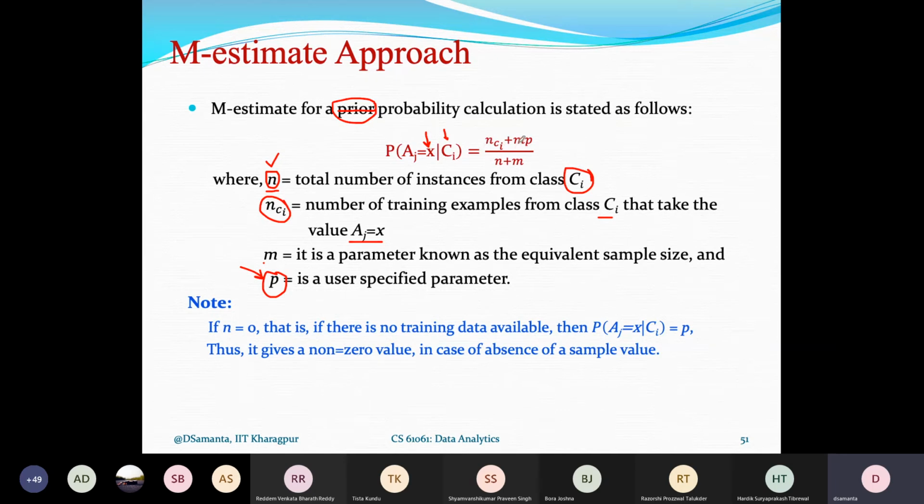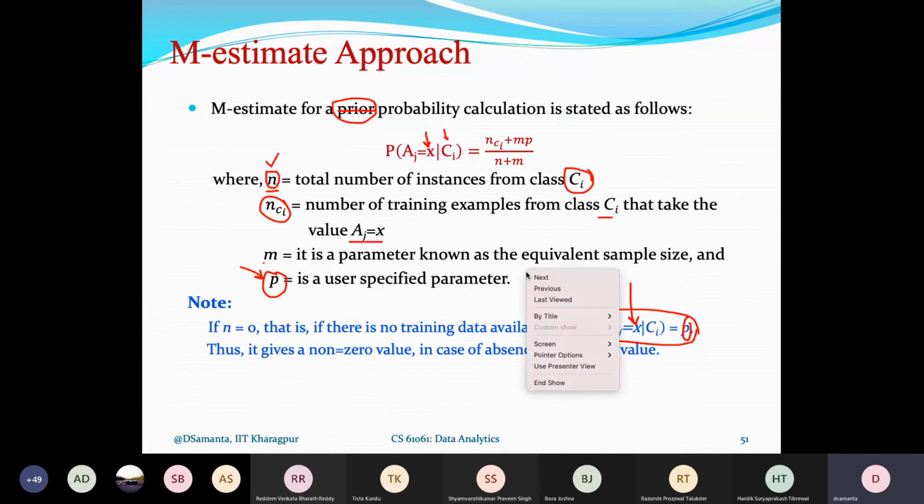And in that case, you see MP by M will give you equals to P. So this is the one worst situation. And under this worst situation, instead of the posterior probability giving 0, it will give you a P value, that is 0.5.